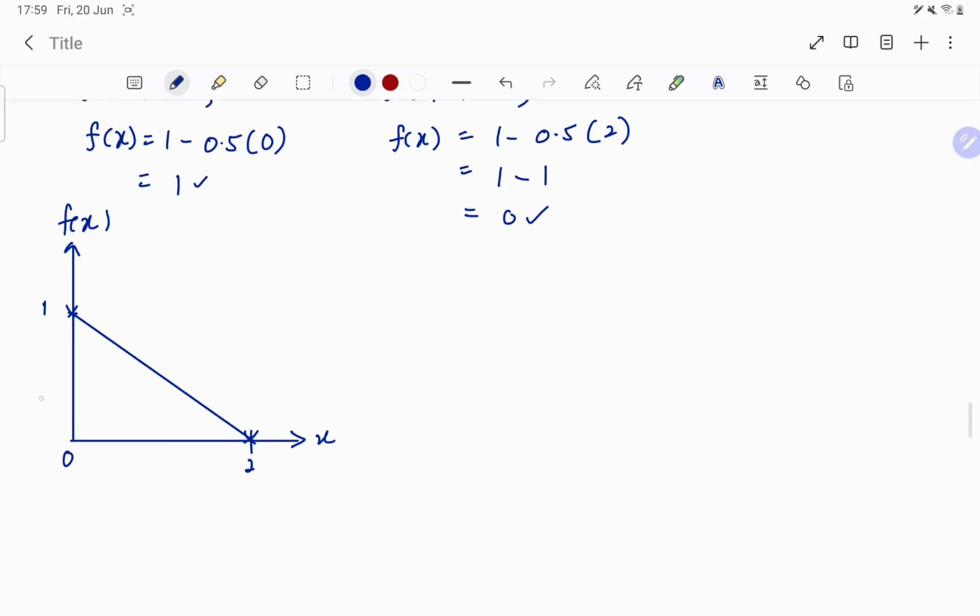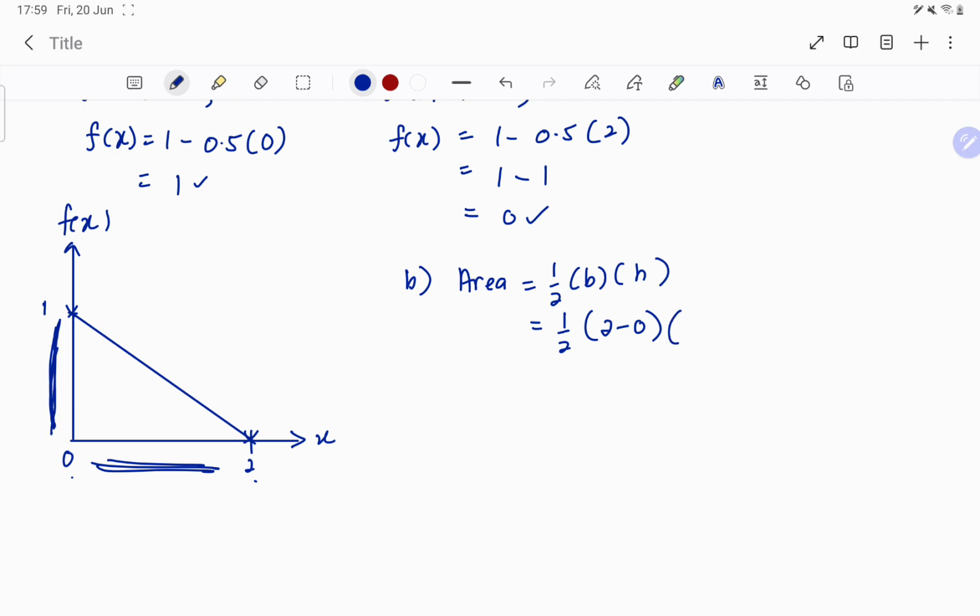By right, we want to show that this triangle's area is equal to 1. The formula for a triangle is area = 1/2 multiplied by base multiplied by height. The base is 2 minus 0, and the height is 1 minus 0. So 1/2 multiplied by 2 multiplied by 1 is equal to 1. So you have shown that the area is equal to 1. Now settle for question B.